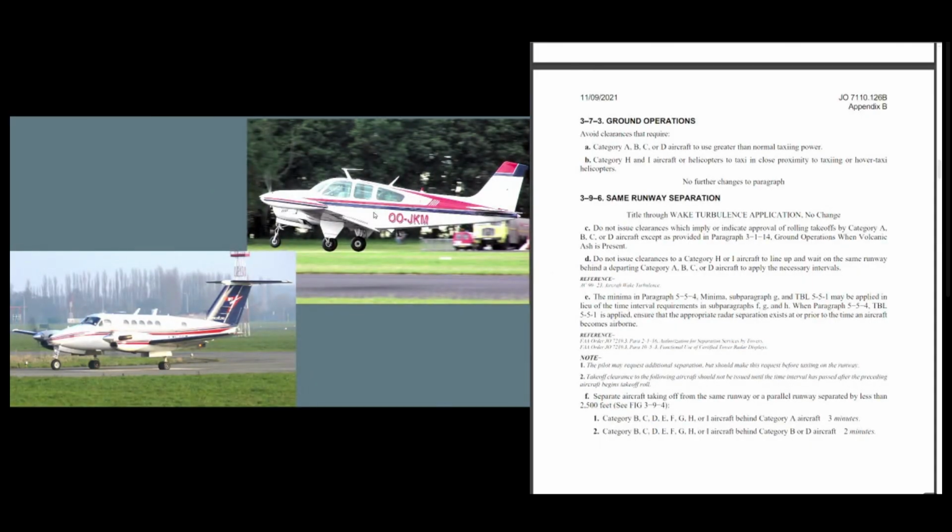Another benefit is that with CWT, you have all of the categories printed on the strip and also in the STARS data blocks. So there's no need to know what a heavy is and what a small is and what a small plus is. You don't need to know that on an airplane by airplane basis.